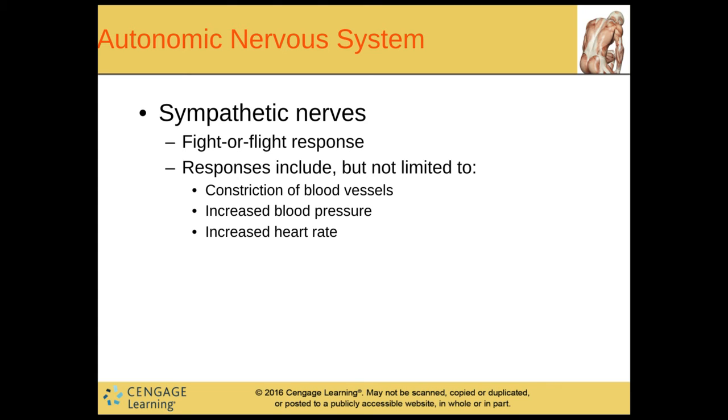Or do you stand and fight. It's that type of thing. Okay. So responses include, but are not limited to, the constriction of blood vessels, increased blood pressure, and increased heart rate. So think of like an adrenaline jump, right? It's going to make those blood vessels constrict, and your blood pressure is going to go up and your heart rate's going to go up because you're in that sense of, where do I go? What do I do? Right.